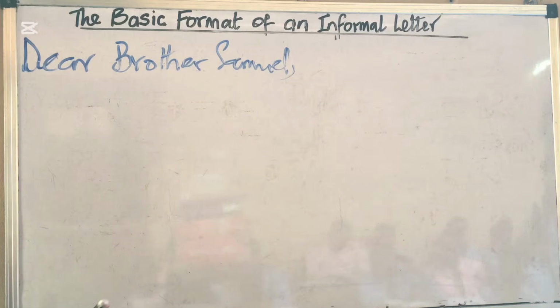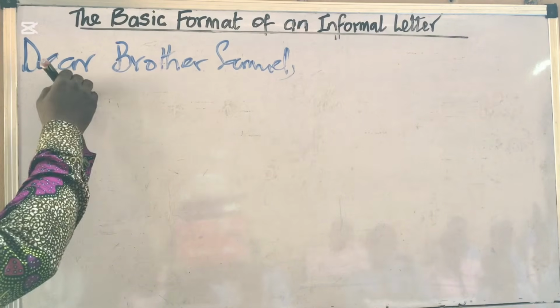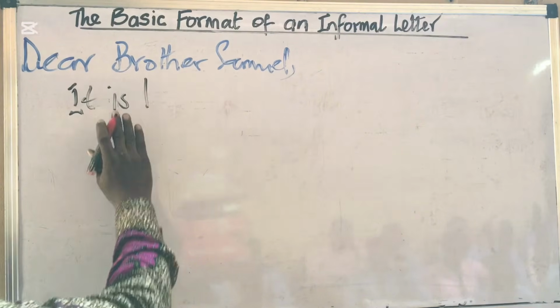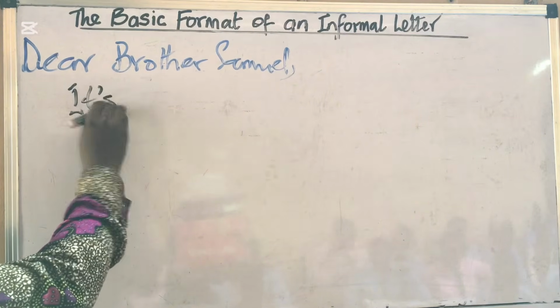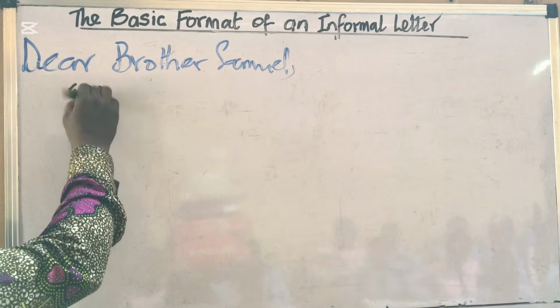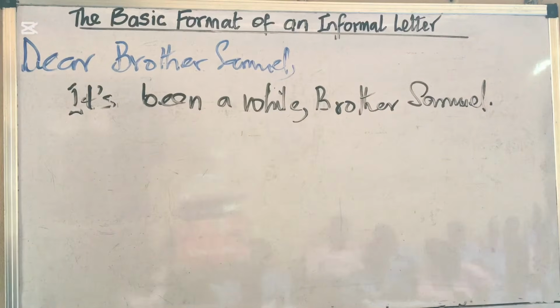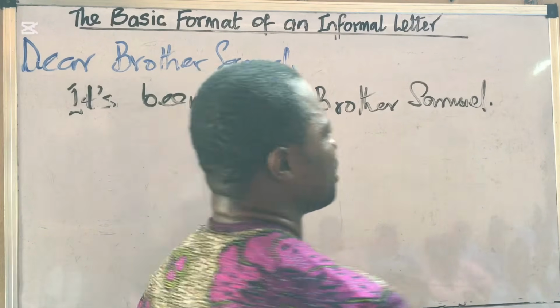So let's say something like, now that we are writing to our brother overseas, you can say, it has been a while. You are allowed to use contraction in informal letter. I will be talking about that later. It's been a while, brother Samuel. Full stop. You can even say something like, hello, brother Samuel, if you want to start it out that way. You know why, brother Samuel?